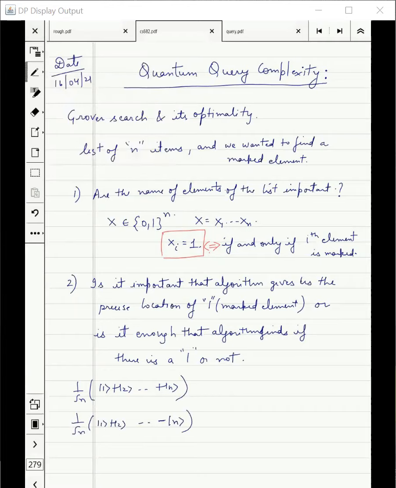We would add one ancilla qubit to create some superposition and then we would distinguish. No, that won't work. These two states are very, very close in their inner product. You can check, these states are very, very close to each other. The angle between them is very, very small.